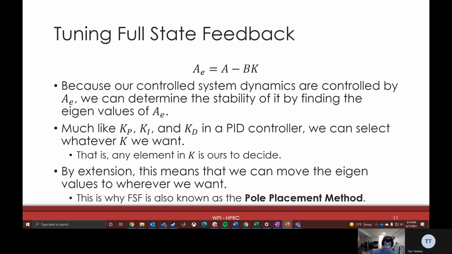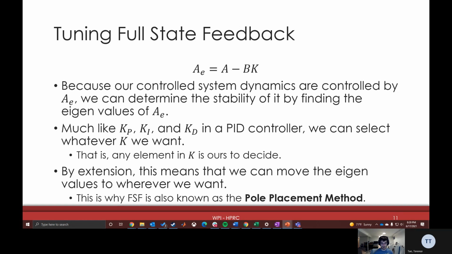And because we can select K ourselves, we could select any element in K. We can, by extension, decide where all the poles are in our A matrix, where all the eigenvalues are.